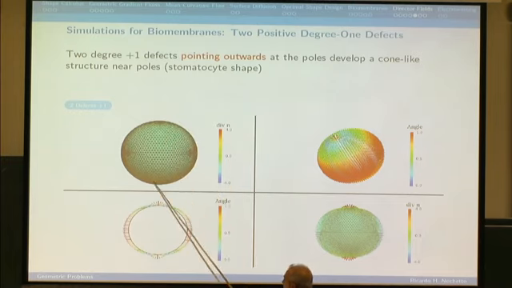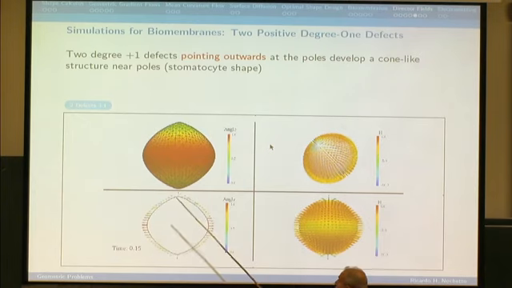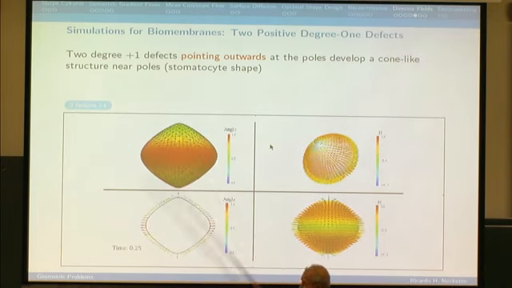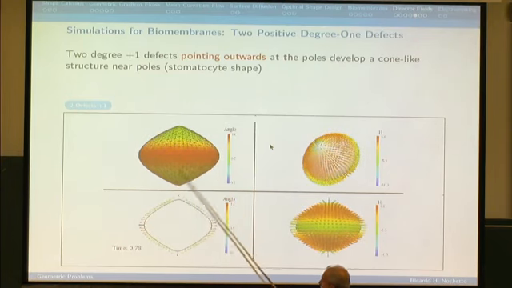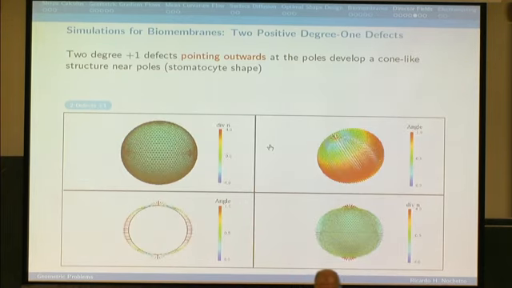These are on the north and south pole, and you see the creation of a cone type singularity on both the north and the south pole. Of course, they are not quite singular, but these are the type of singularities that you would expect if you have defects plus 1.